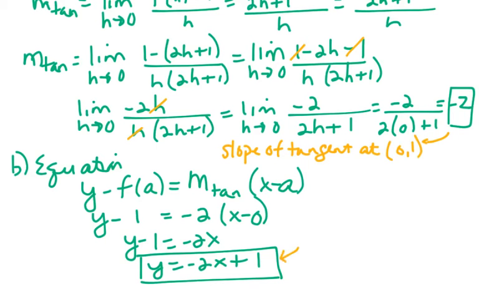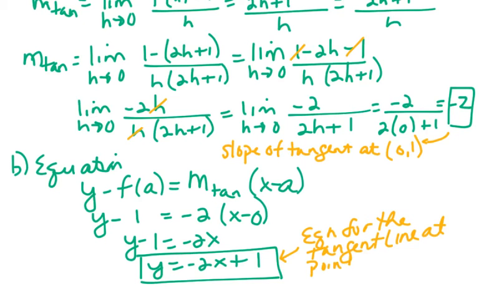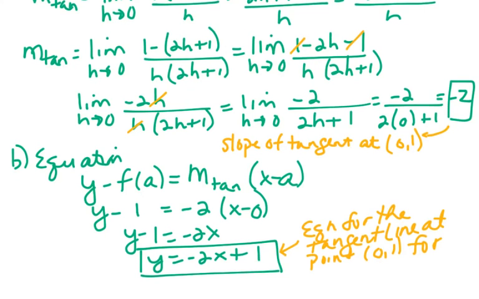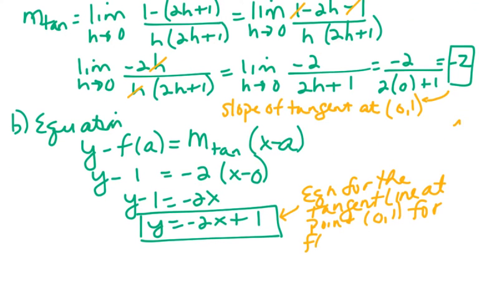And this is the equation for the tangent line at the point 0, 1 for the function 1 over 2x plus 1. Okay, so that's what you have found in both of these cases. That ends this video.